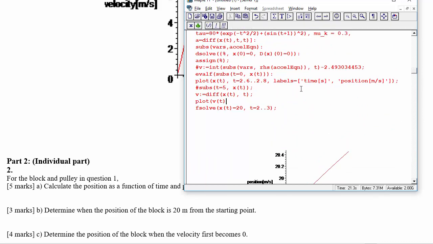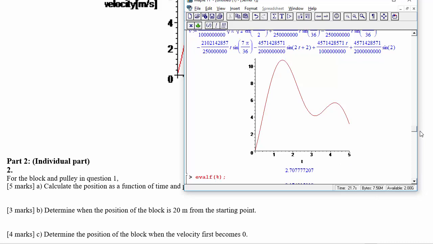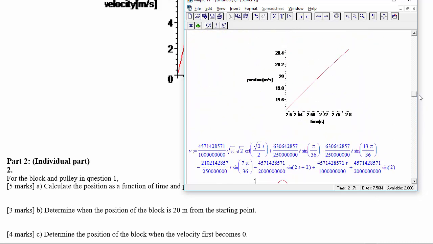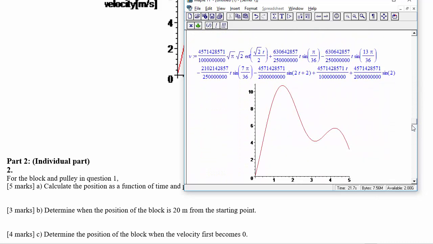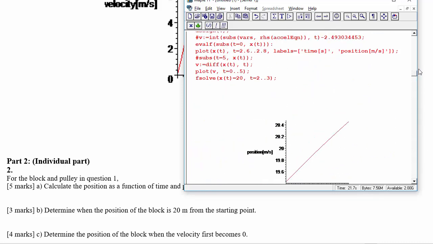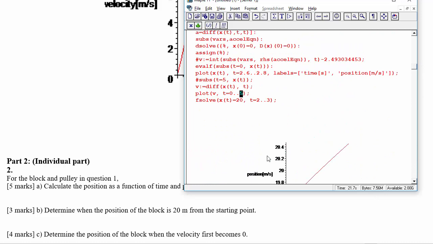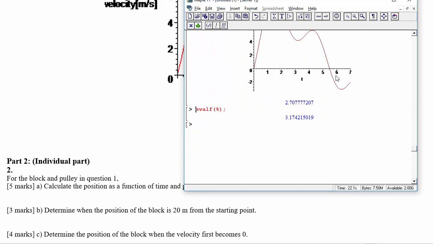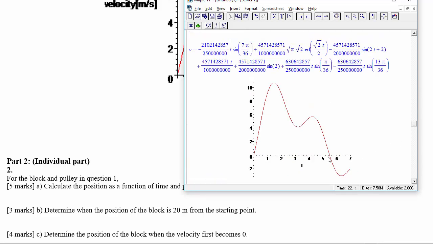Plot v from t is 0 to 5. And the velocity is actually not 0 after the start at any point in this range. So we're going to need to increase the time range. Let's try 7. Yeah, so it looks like it becomes 0 somewhere between 5 and 6.